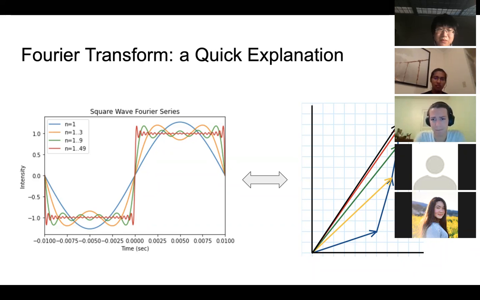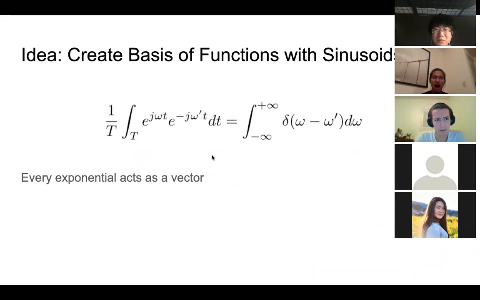Next slide, Cody. So this starts with the idea, again, that every exponential is itself just a vector, and more importantly, that there is a dot product operation. If you remember linear algebra, an inner product takes the projection of one vector onto another.